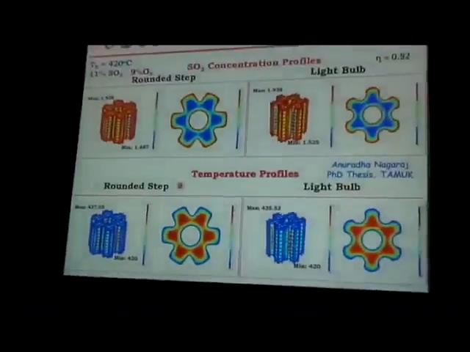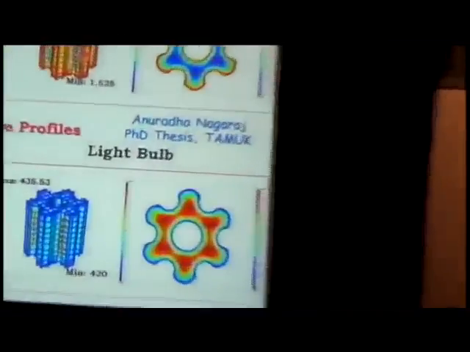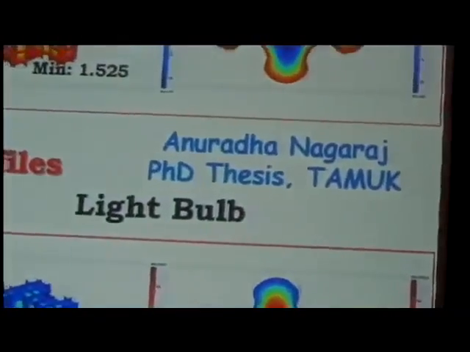This just shows some examples from some of our recent work where we look at different types of particle shapes, shown here, the so-called rounded step or the so-called light bulb type of catalyst, and one can start to understand the connection between the details of the geometry of these particles, and how one can start to introduce some science and technology into the particle forming process.